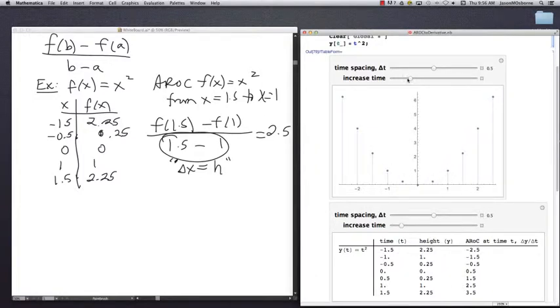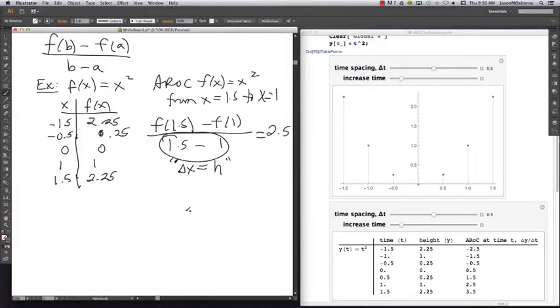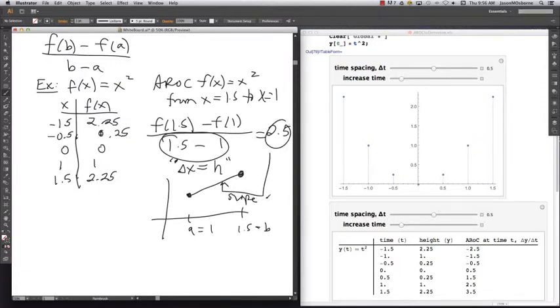What we just computed with the average rate of change is the slope of the line between those two blue points right there. When you plot the function at a, in this case 1, and b equals 1.5, and plug those values into the function, what you just computed is the slope. 2.5 is the slope of this line.